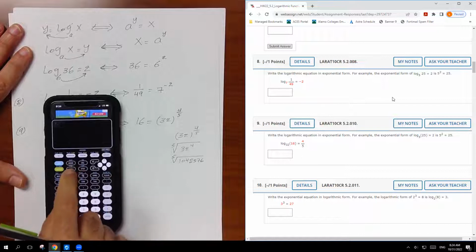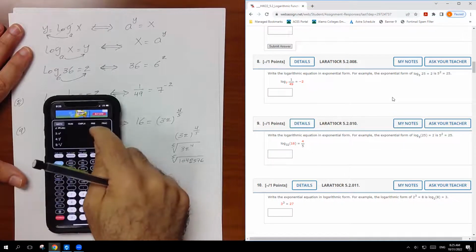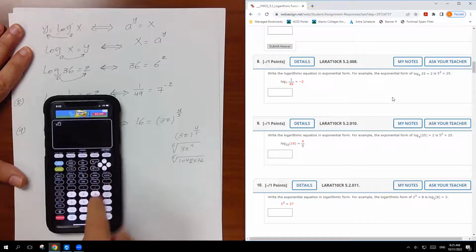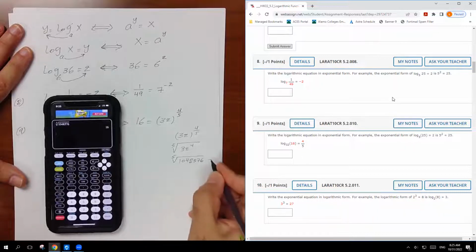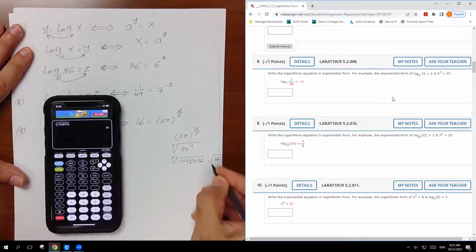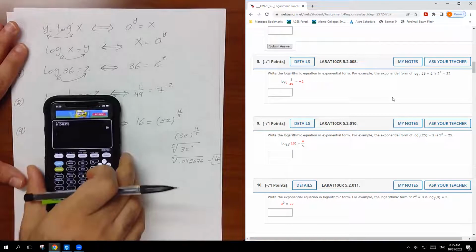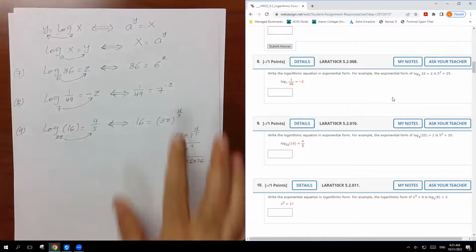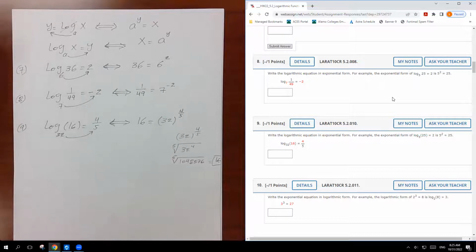So you're going to go to the math menu, the nth root, which is 5 to the number 1,048,576. And it's going to be 16. So 16 equals 16. If you want to just plug in right away to make sure this is right, but this is the way to convert from the log form to the exponential form.